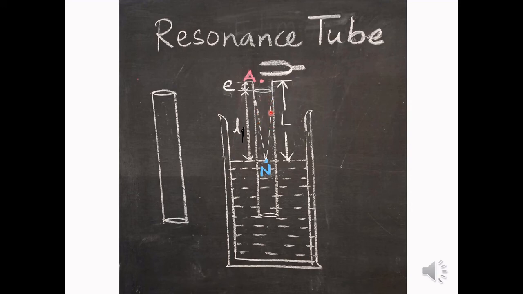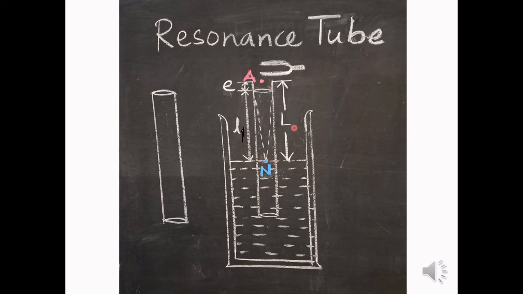So as you can see here, the stationary waves are formed inside the air column or inside the tube. Thus, the part of the resonance tube above the surface of water acts as a pipe which is closed at one end.